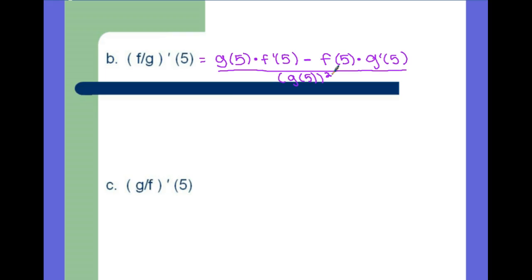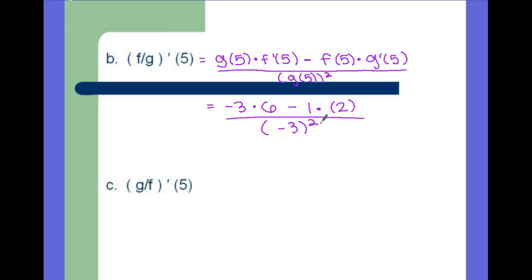Plug in our numbers. g of 5 is -3, f prime of 5 is 6, minus f of 5, which is 1, times g prime of 5, which is 2, all over g of 5, which is -3, squared.